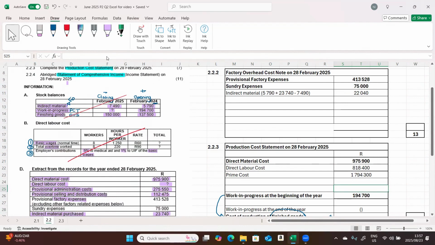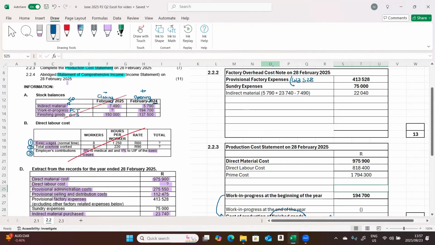Can you see the problem over here, guys? Focus and listen and check this out. This 413,528, factory expenses, goes under factory overhead. Can you see that they didn't open a bracket for it? They did not write 413,528 and then allow you to make your adjustments.